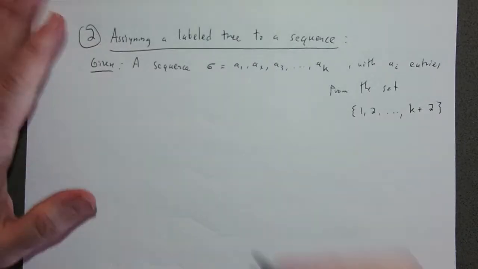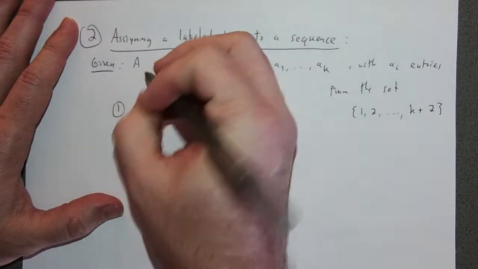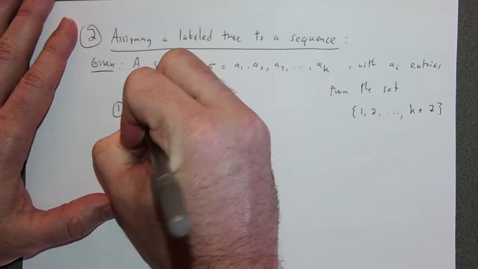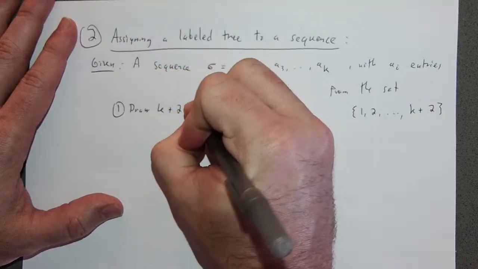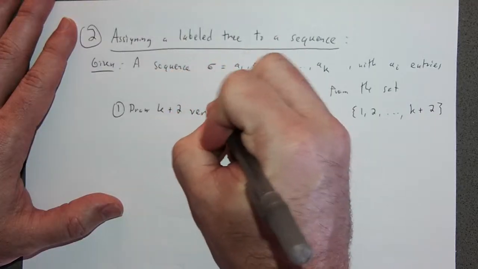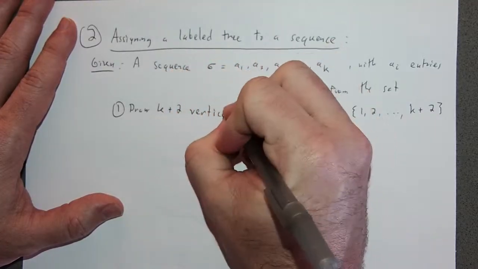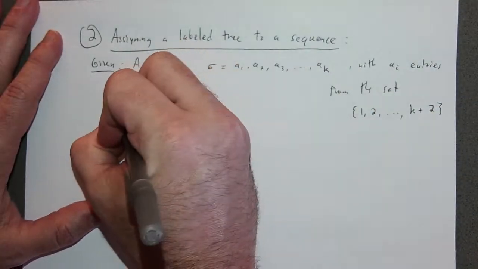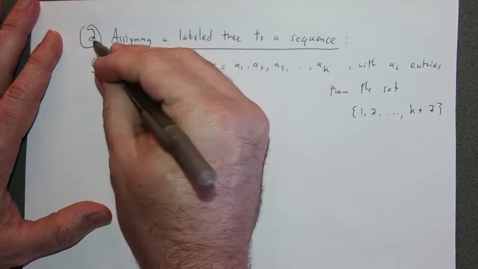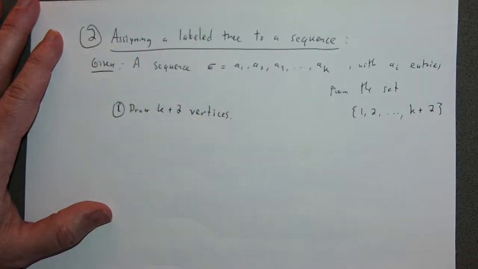Okay, so first step. Draw k plus 2 vertices. Maybe I should switch to Roman numerals here, since this was a 2 and the other previous thing was a 1.